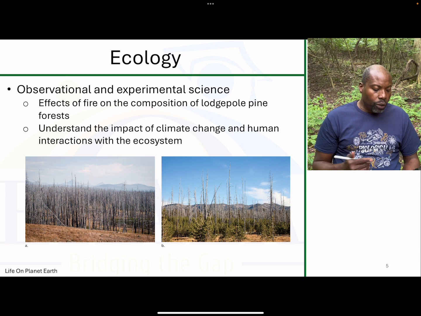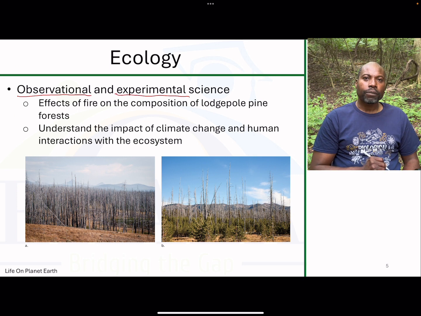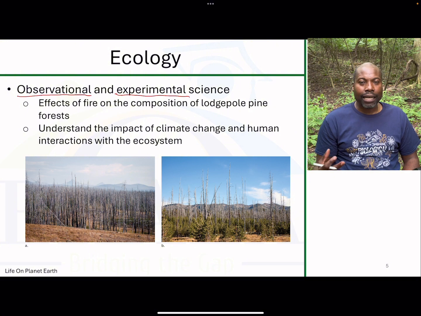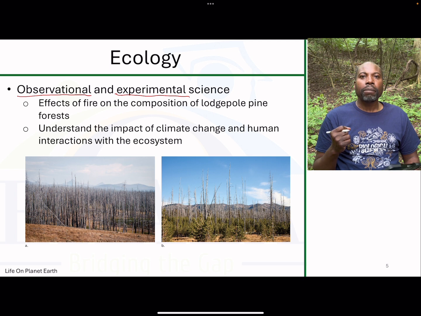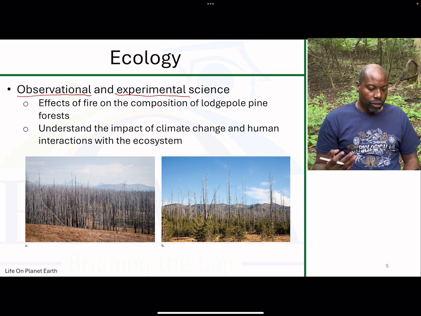So ecology requires observation, okay? It also requires experimentation, right? Which means it's a whole science. You have to be able to apply the scientific method as an ecologist, right?